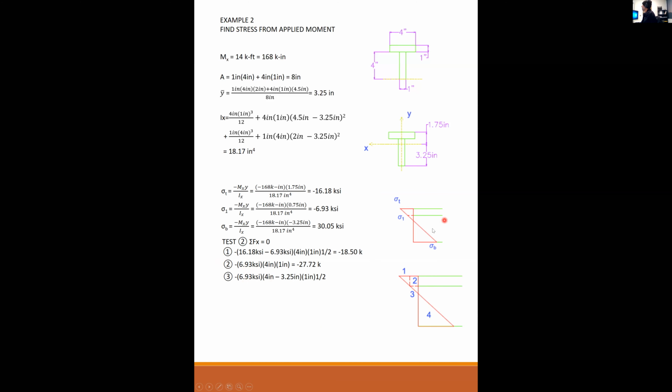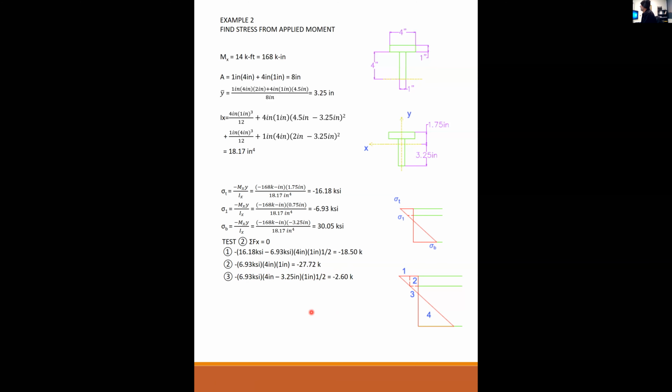The area is going to be this little sliver right here. So the height of the board is 4, minus the center of gravity, 3.25, times a width. The width is given as 1, and again times half because segment 3 is a triangle. So I add it all together, the stress times area, and I get minus 2.6 kips.